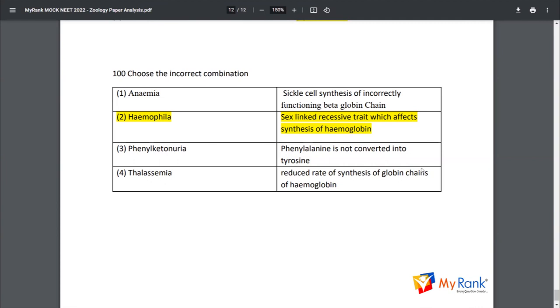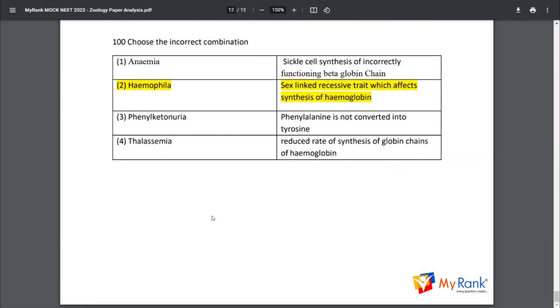So option 2 is incorrect. Then 3, phenylketonuria. There is a problem with phenylalanine hydroxylase, because of which phenylalanine is not converted to tyrosine. So option 3 is also correct. Thalassemia is a problem in which there is a reduced rate of synthesis of globin chains of hemoglobin. Correct. So the incorrect combination is option 2, hemophilia.